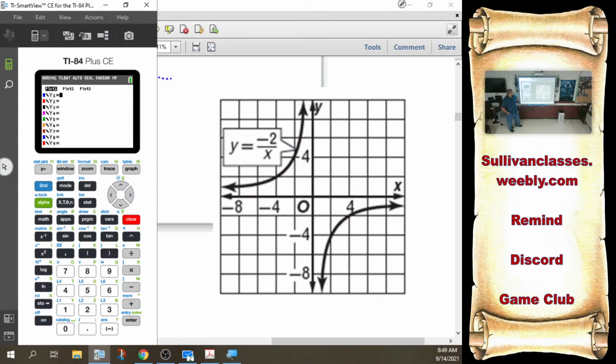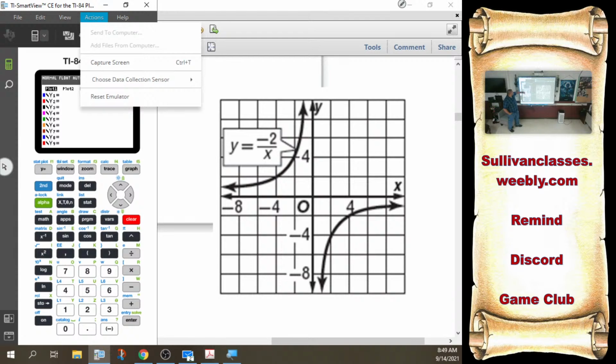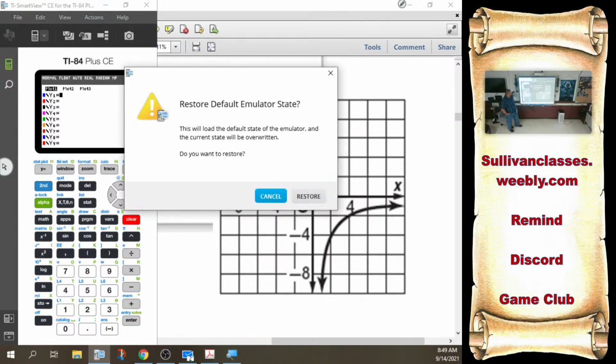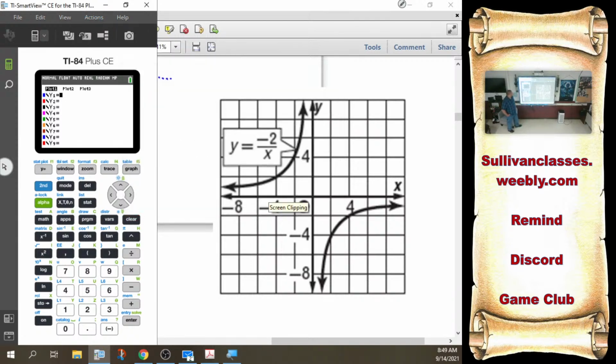I'm going to clear that out. Actually, I'm going to reset the whole thing because we were doing regression yesterday in Algebra 2. Second plus 7, enter 2. Second plus 7, enter 2. Okay. So first thing, I'm going to take that equation. I'm going to put it into y1.